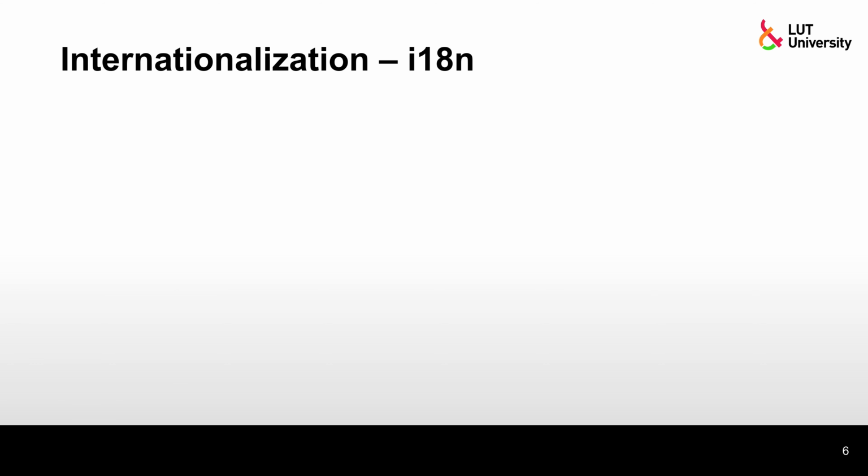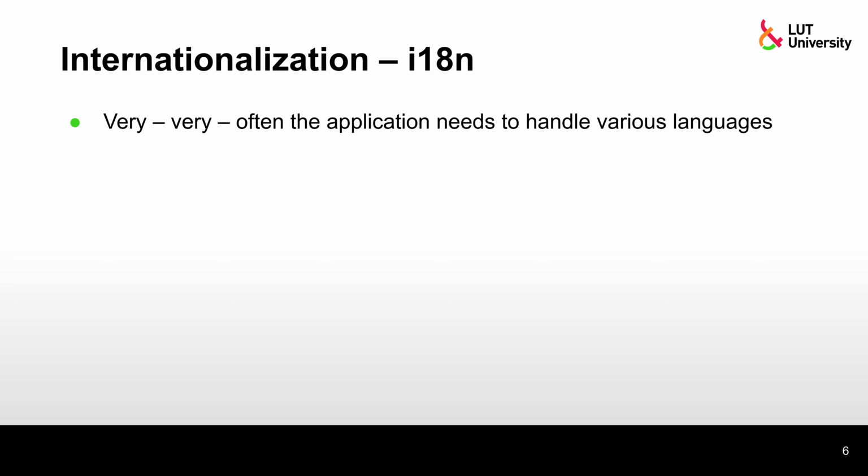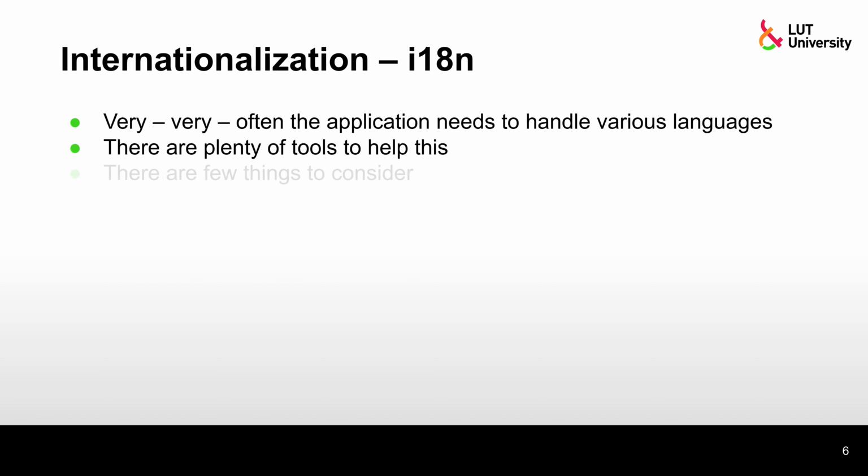And then internationalization, i18n, it's a long word, so we can just simplify it. Very often there is a need to have various languages in the application. And then of course there are plenty of tools to help in this. There are a few things to consider. First, we need to have a way to detect the language, so we can do it automatically based on the browser's language or IP addresses or geolocation or something like that.